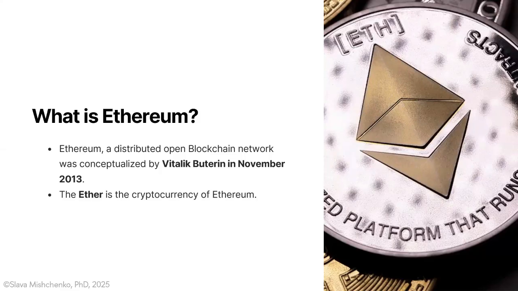And what makes Ethereum truly special, and what I always emphasize to my students, is that it introduced the concept of programmable blockchain. Through my work with various blockchain projects, I've seen how this capability has opened up entirely new possibilities that weren't feasible with Bitcoin alone.